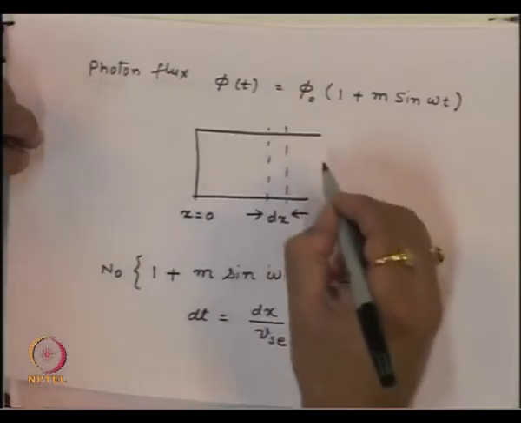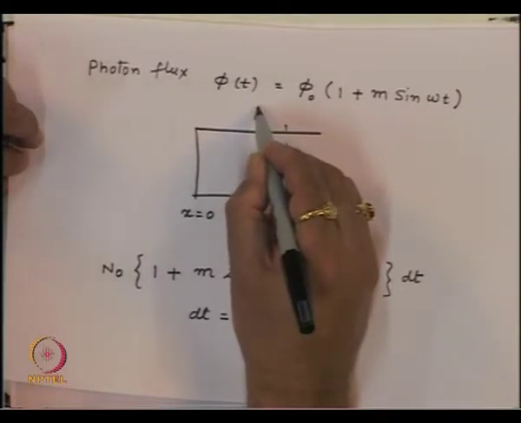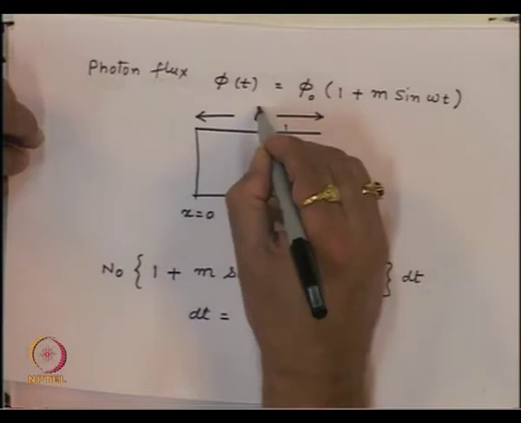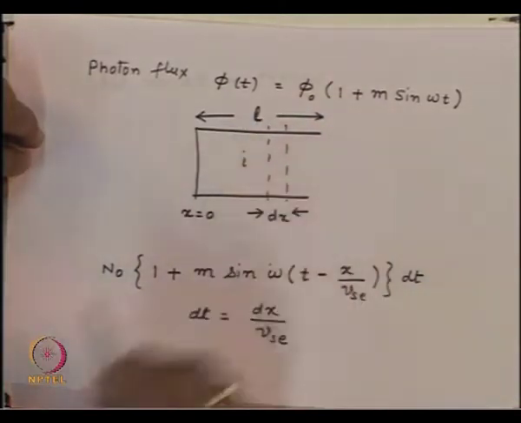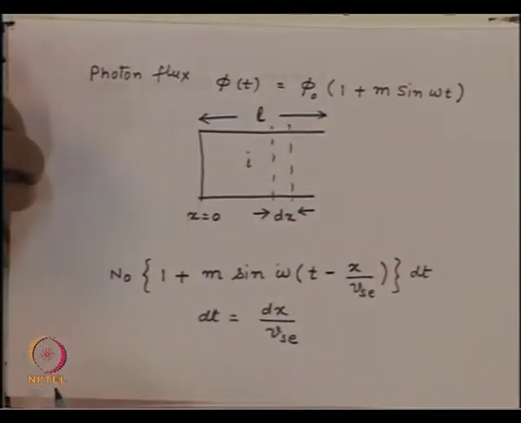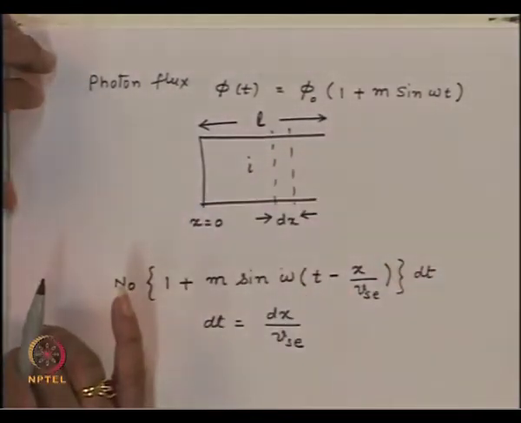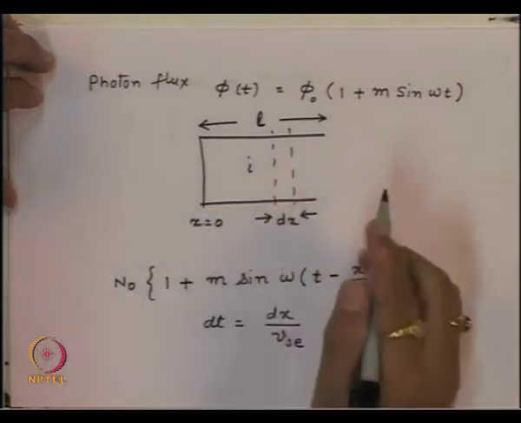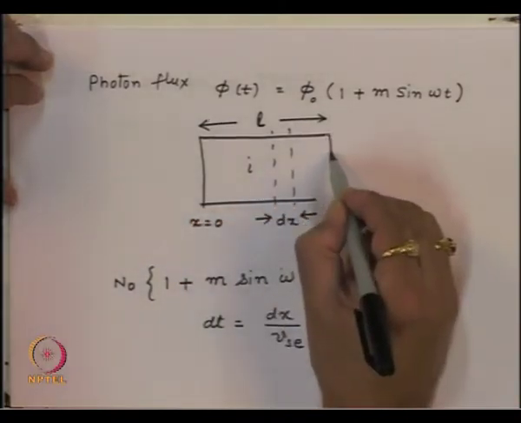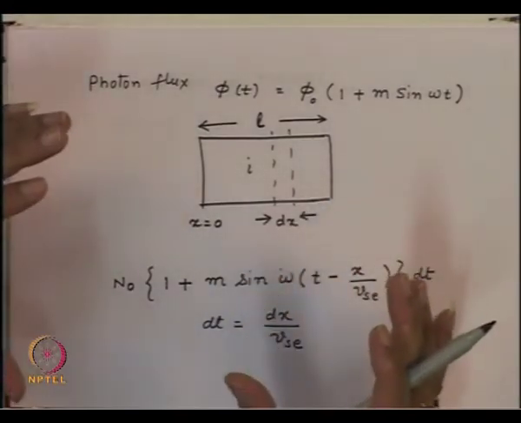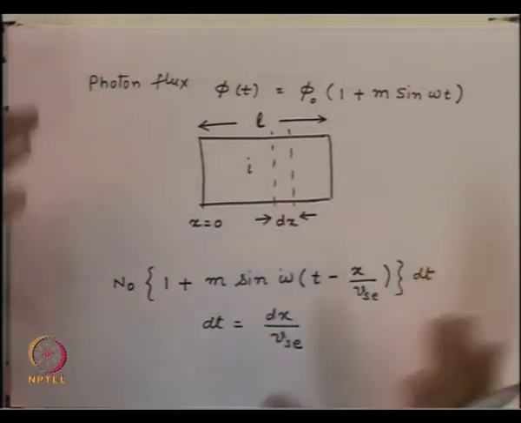So, if I say this intrinsic layer here has length L, this is the I layer, then if we integrate all these carriers over this length x equal to 0 to x equal to L, that gives us the total carriers in transit at a given instant of time.